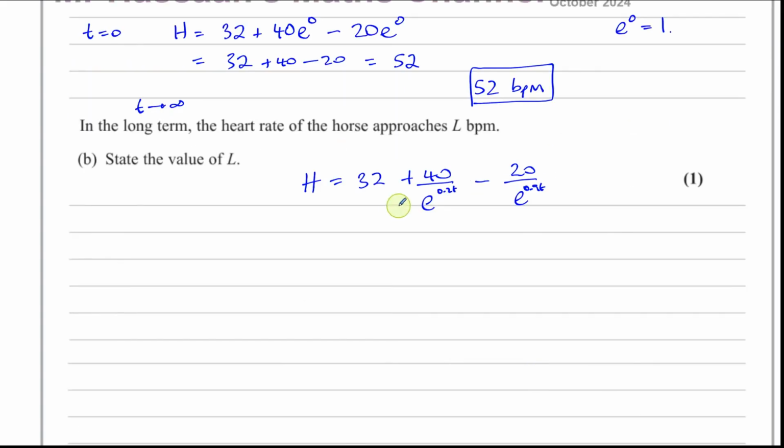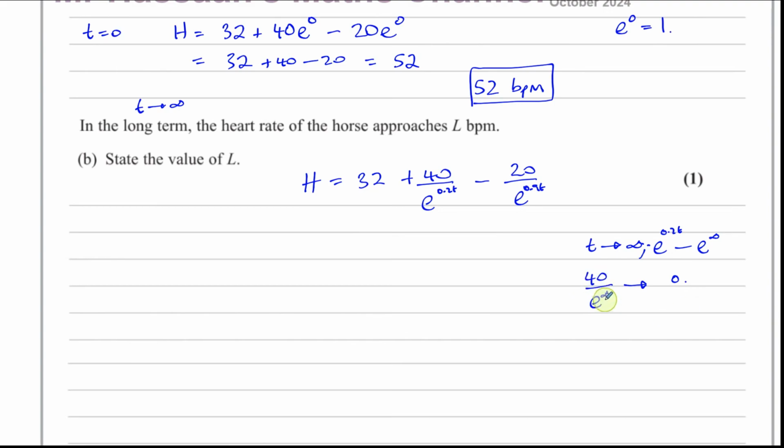So as t approaches a very large number, e to the power of 0.2t will basically become e to the power of a very large number. So 40 over e to the power of a very large number is going to approach 0.